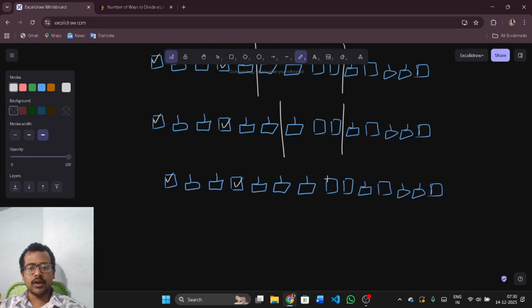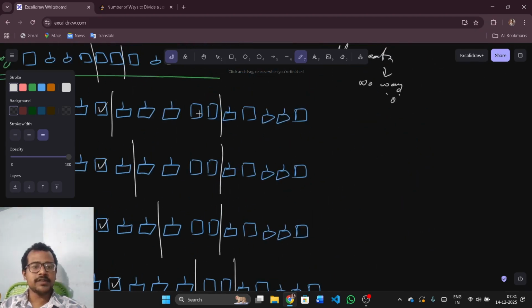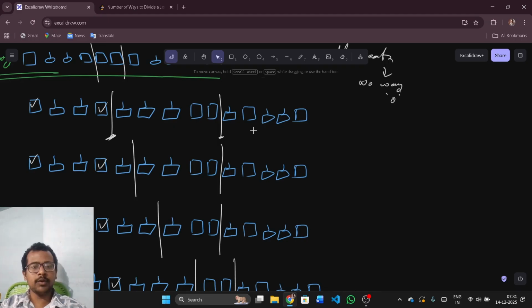Even now I have two seeds. Now I have placed it here, and instead of here, I can place it here.